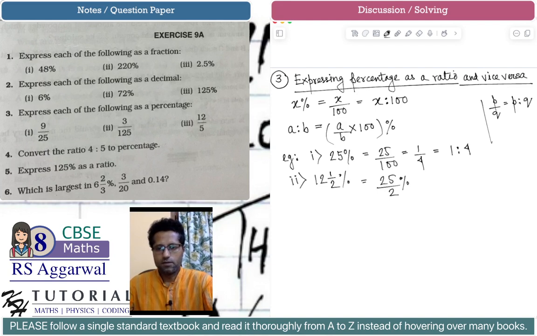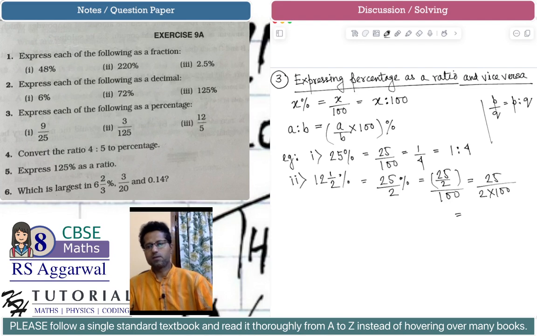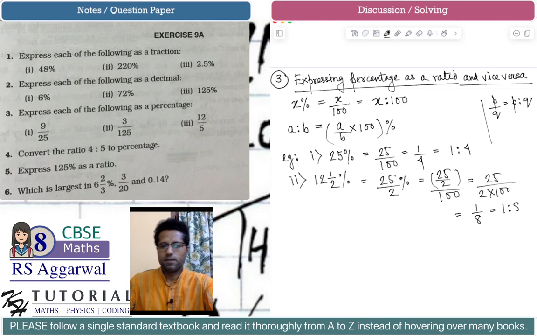First we convert the percentage to a fraction, which is 25 by 2 divided by 100, equal to 25 by 2 into 100. Reduce the fraction to its simplest form, so this becomes 1 by 8. Hence it is equivalent to the ratio 1 is to 8.